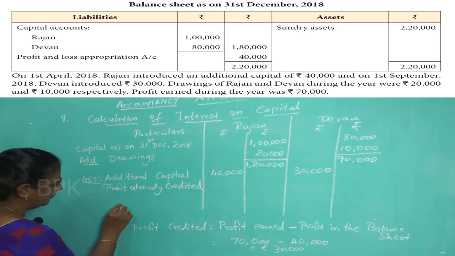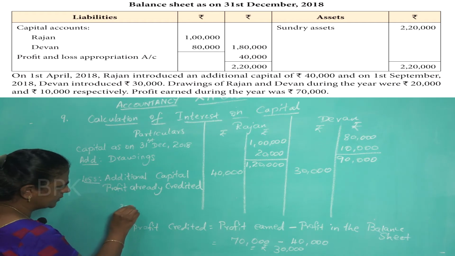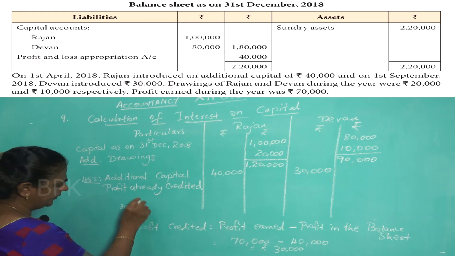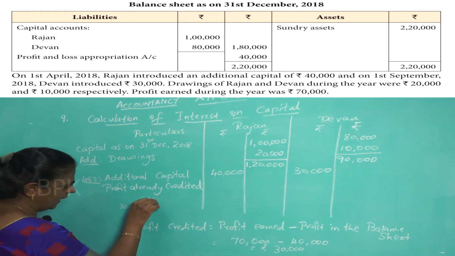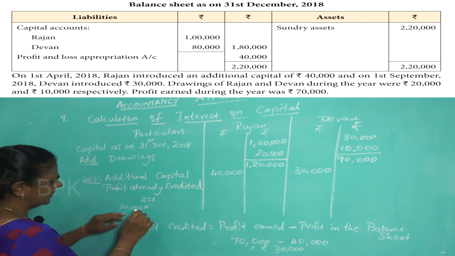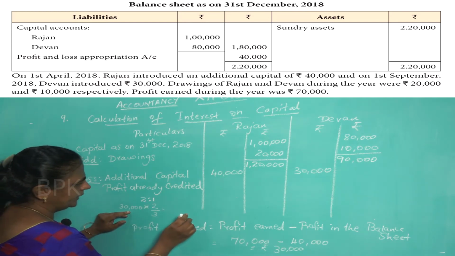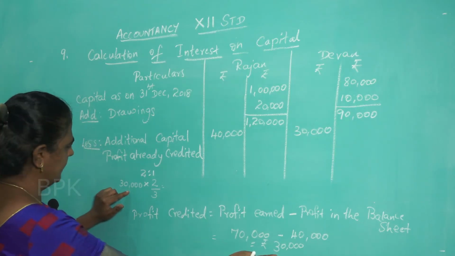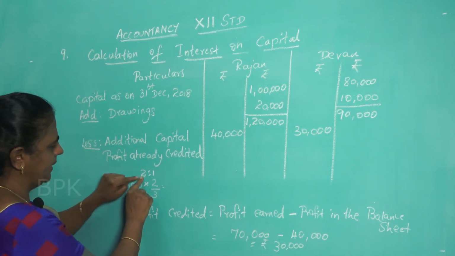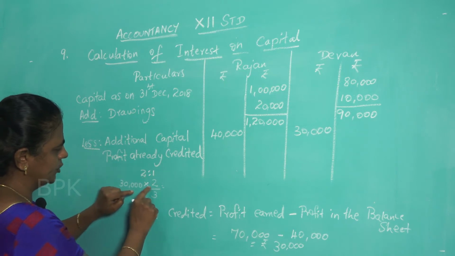The ratio is 2:1. So for the first partner, 2/3. You have to calculate. For the first partner, total profit is 30,000, and that 30,000 should be divided in the ratio of 2:1. That is 2 divided by 3.